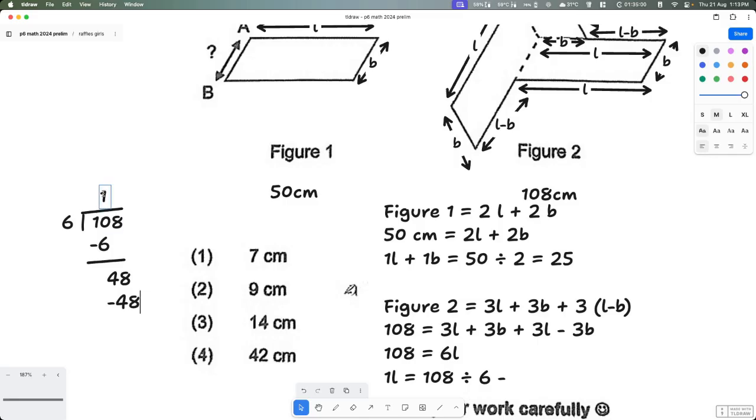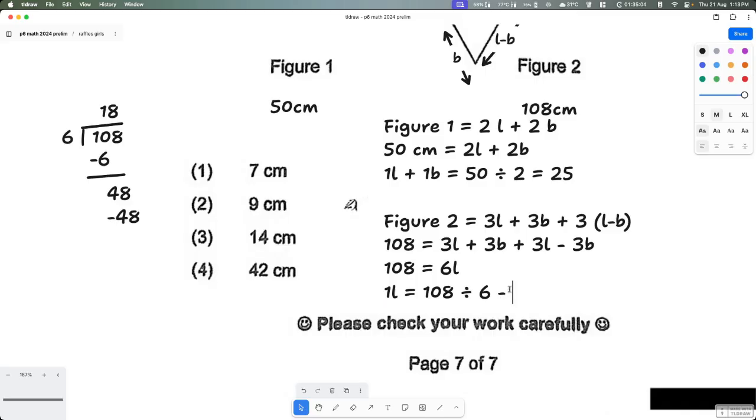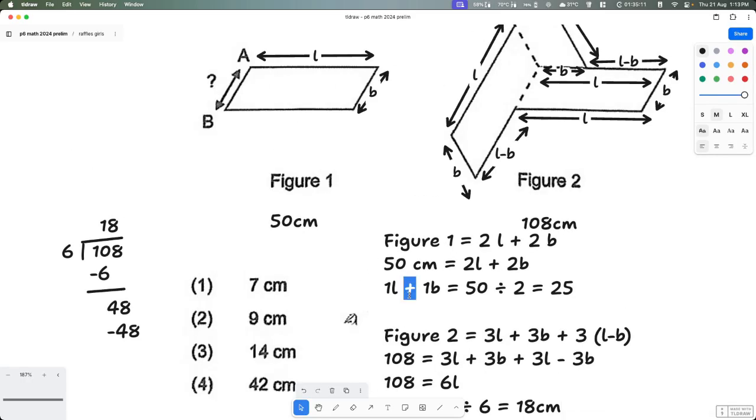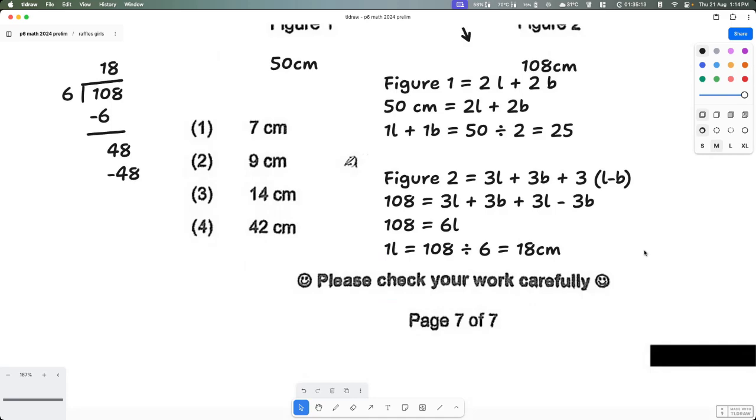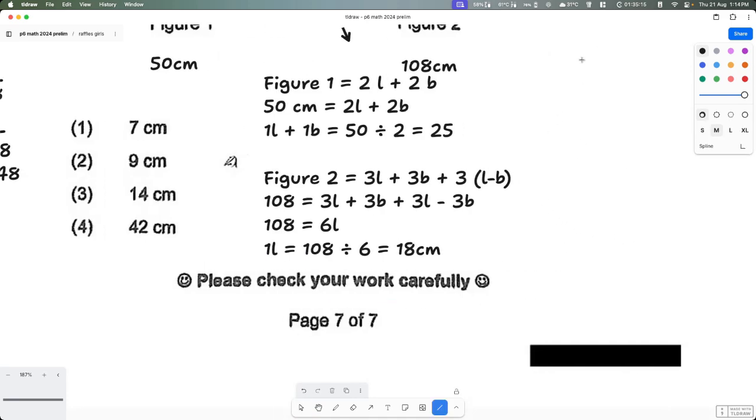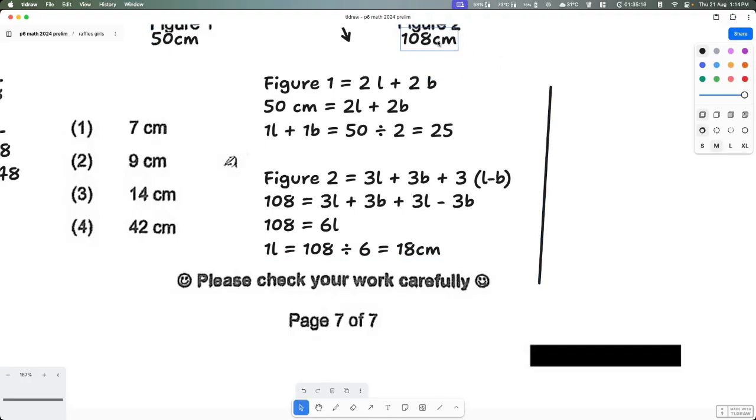So that will be 18. That means 1L is equal to 108 divided by 6, which is 18 centimeters. So we know 1L plus 1B is this. Then let's calculate the last thing, over here.